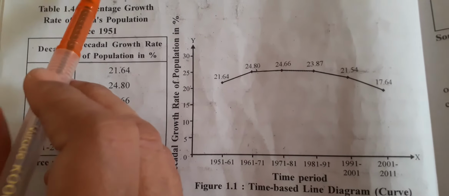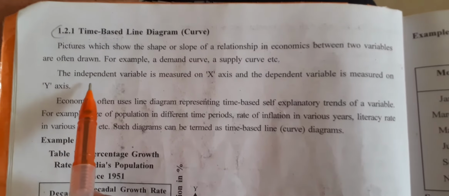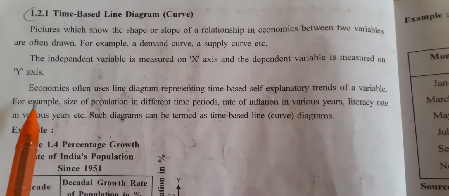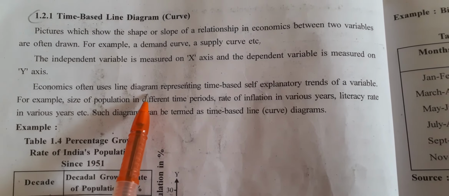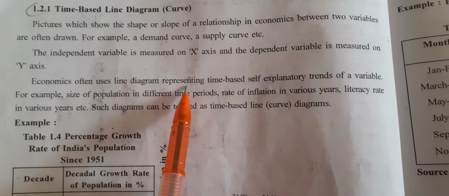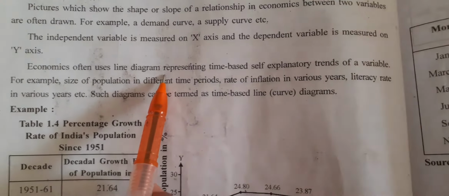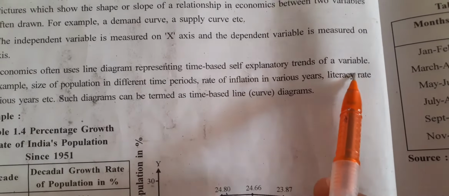Clear, students? This is the first point you have to explain. Second, you have to give the example. Third, you can explain what is shown on the x-axis and y-axis. And the next point you are going to take is that economics often uses line diagrams. Who uses it? That also you have to explain. Economics often uses line diagrams representing time based, self-explanatory trends of a variable.